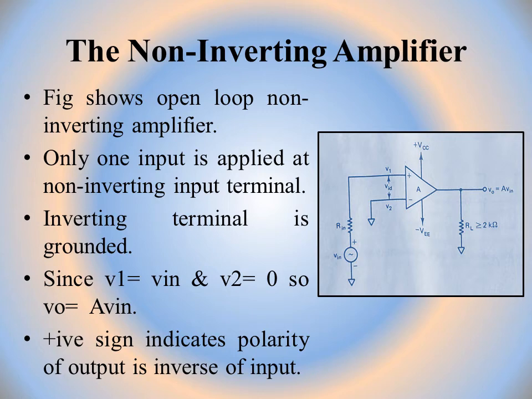So these three amplifiers we have discussed were all open loop configurations of the op-amp. In all three amplifiers, we have seen that there is no feedback arrangement, there is no loop formation from output to the input.